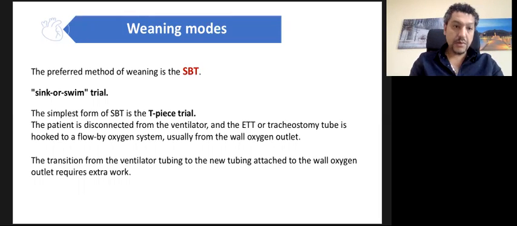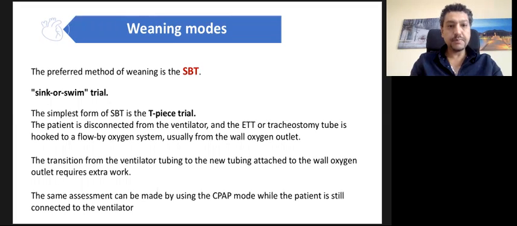So the patient has to be awake, and you have to talk to the patient and explain the process exactly. The key is to withdraw ventilator support while oxygenation is continued. The same can be done using the CPAP mode while the patient is still connected to the mechanical ventilator. We used to call it electronic weaning a long time back.